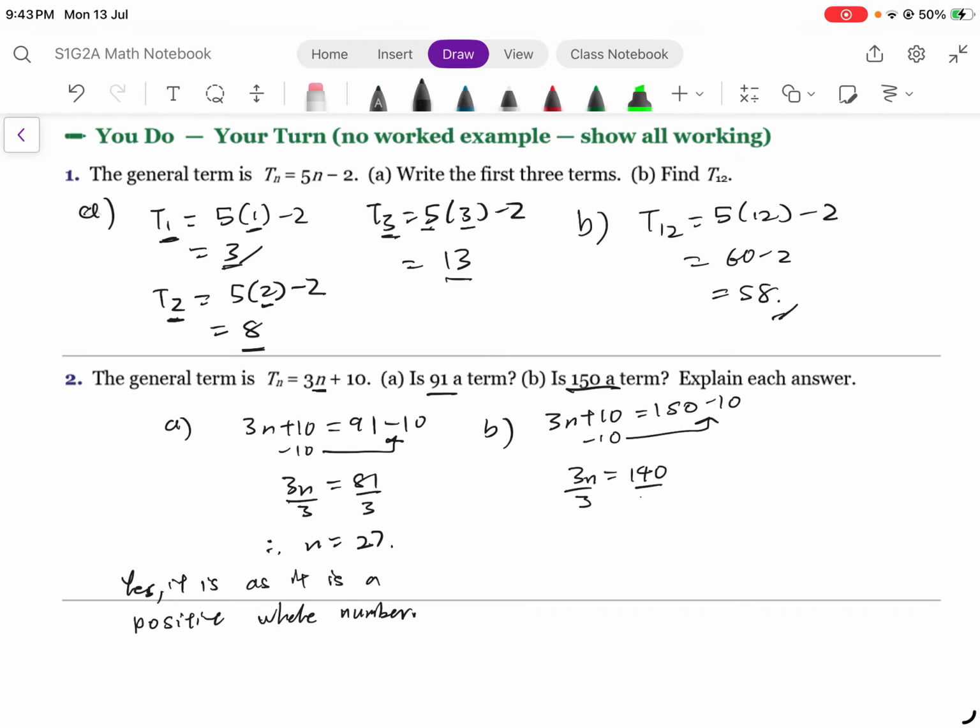Divide by 3, you get 46 and 2/3. 46 and 2/3. So no, it is not, as it is not a positive whole number.